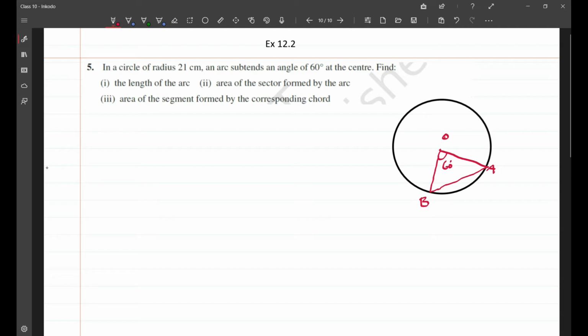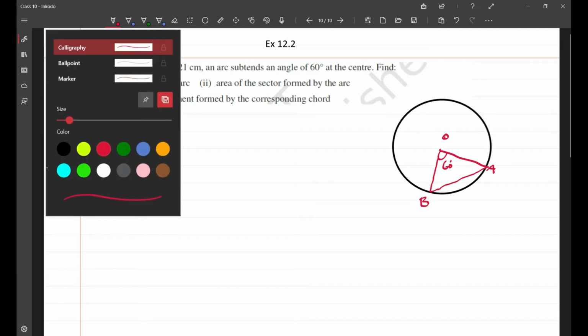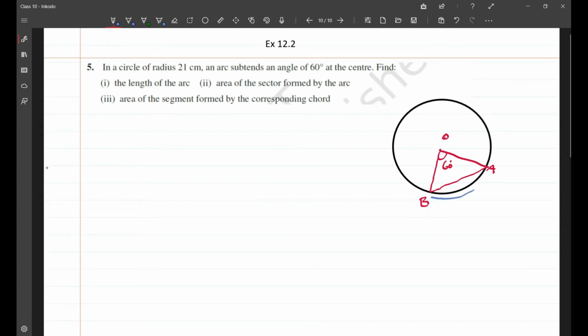In this question, they're asking you to find out the length of the arc. Let's see from the figure. I'm using blue color. Length of arc is this one, from B to A. Firstly, we will write the data whatever given in the question. Given radius is 21 centimeter, so OA is 21 centimeter, OB also 21 centimeter.